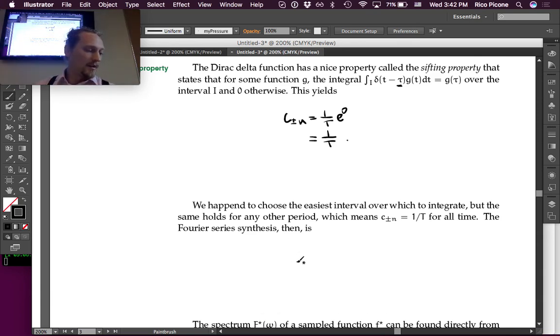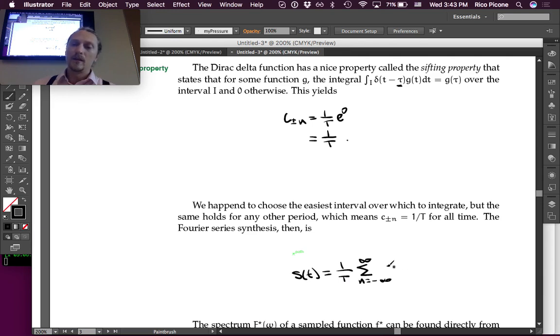So the Fourier series synthesis is, remember when we do our synthesis, we add up a sum of all of these components. So s of t is the comb function that we're trying to reconstruct, right? Is 1 over T times the sum, this is just from the definition of the Fourier series synthesis for complex form, n equals negative infinity to positive infinity.